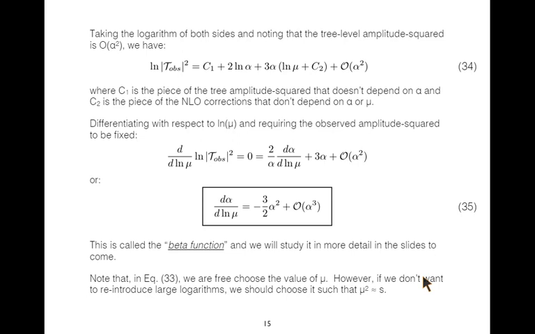This thing we just saw on the previous slide depends on mu, but we argued that alpha and the mass parameter also have to depend on mu, so they all cancel out. So this left-hand side would be independent of mu, and so you take a derivative, you get 0, and on the right-hand side, alpha is obviously dependent on mu, and you can work out a differential equation that describes how alpha depends on mu. And this is a special thing.